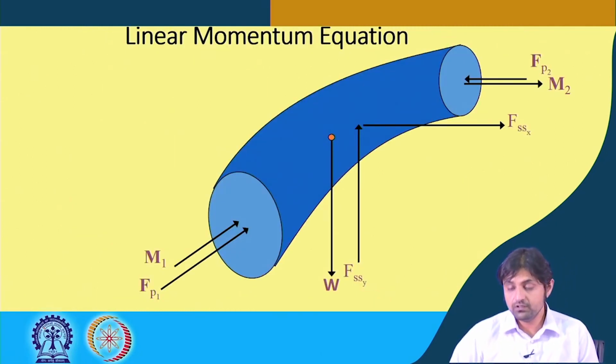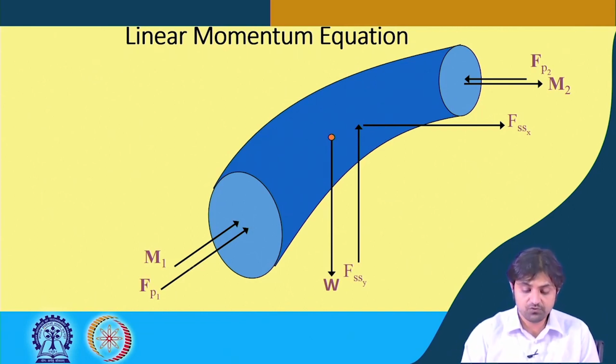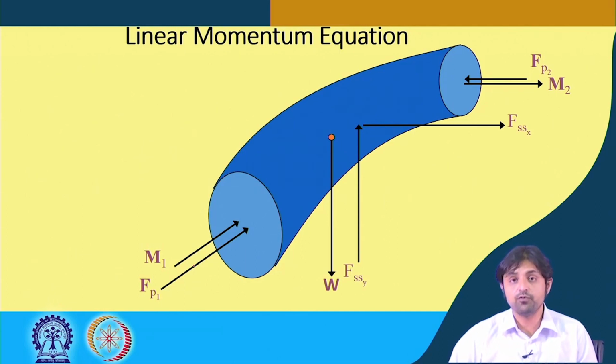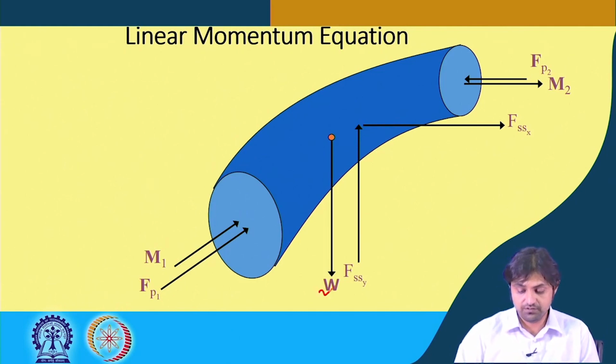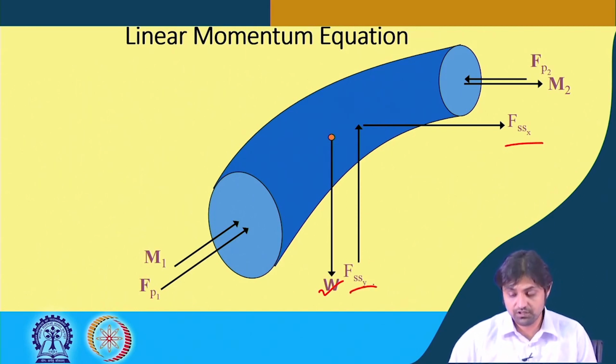Now, going into a more zoomed figure, we have indicated what M1 is, and what forces are due to the different pressures or the shear. This is the weight, and these are the frictional or shear forces Fssx and Fssy, the components of the shear forces in two different directions.